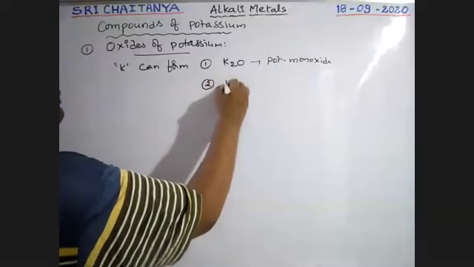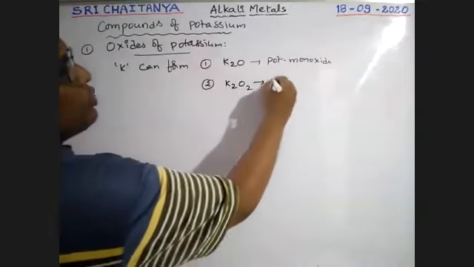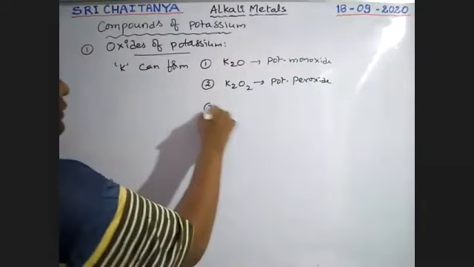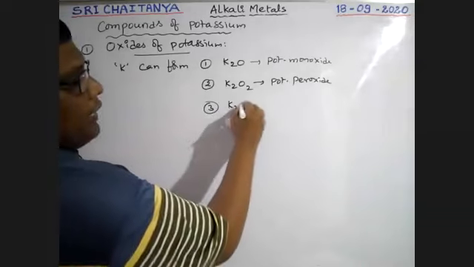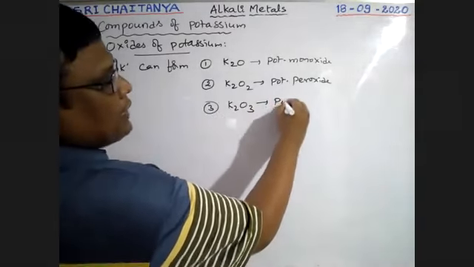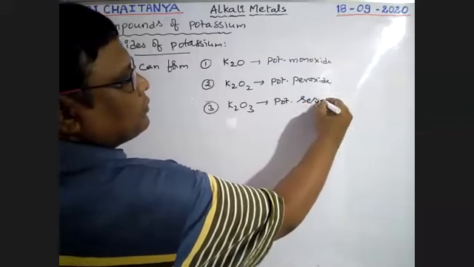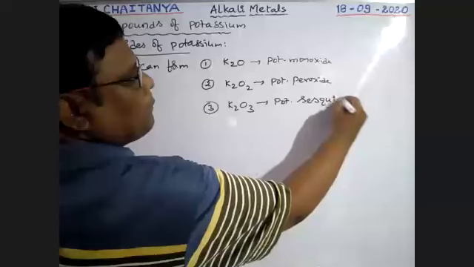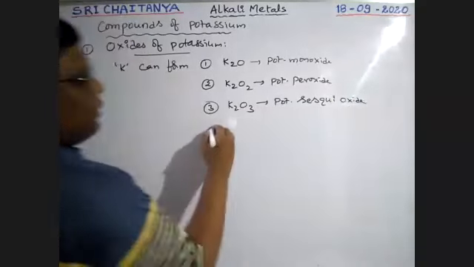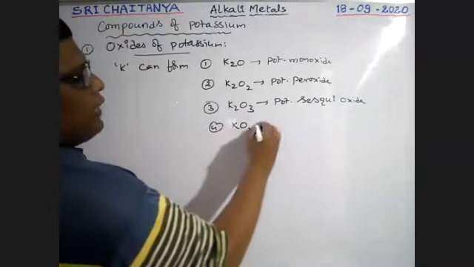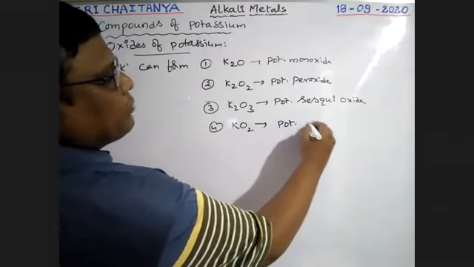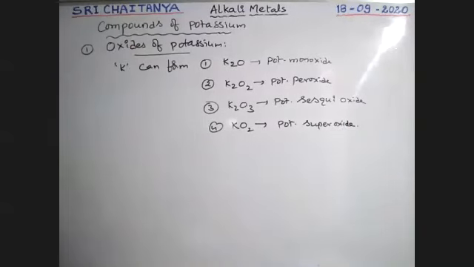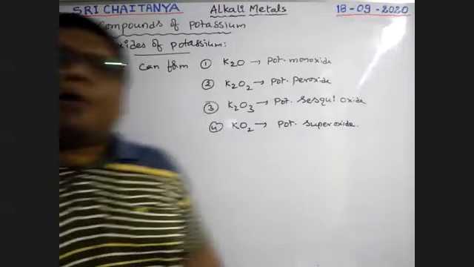Second, K2O2, which is potassium peroxide. Third, K2O3, which is potassium sesquioxide. And fourth, KO2, which is potassium superoxide. These are the 4 oxides that can be formed by potassium.